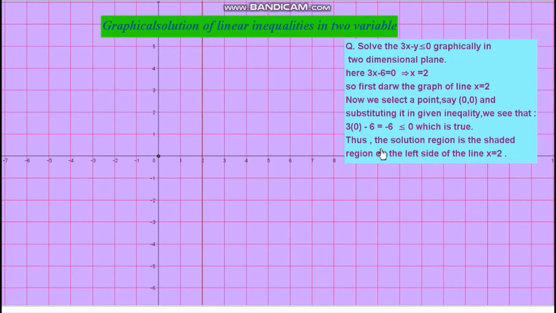It means that the solution region is the shaded region on the left hand side of the line x is equal to 2, which contains the point 0, 0. Like this. So this is our solution region.